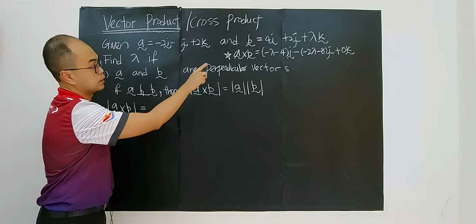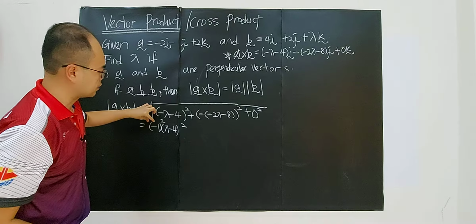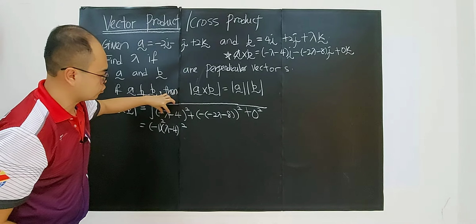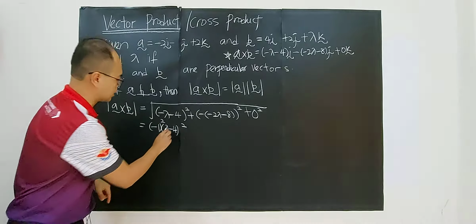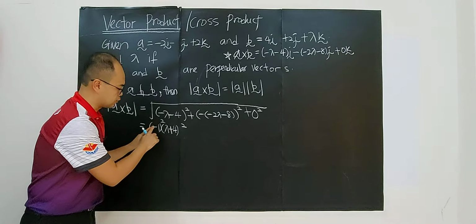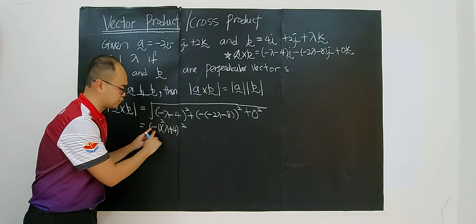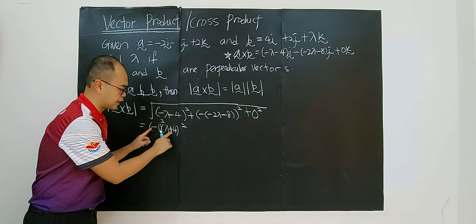From here I can expand this whole thing, or I can just factor out the negative 1, and we have lambda plus 4 to the power of 2. Because if you multiply the negative inside, you get negative lambda, and negative 4 becomes positive 4, so the square applies to both.